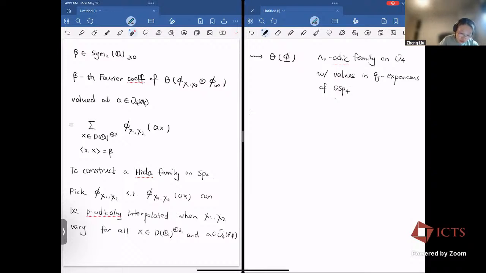And then I will just pair this Q-expansion valued family on O4 with the given pair F and G upper D.